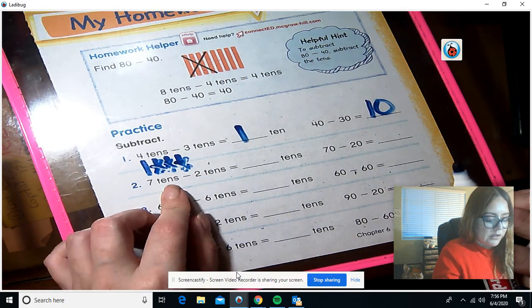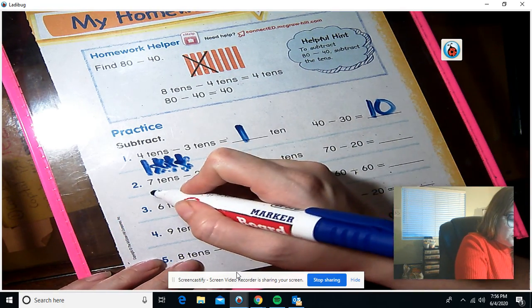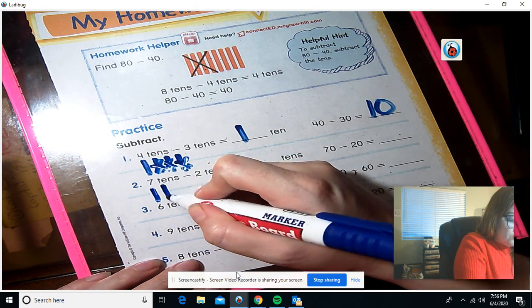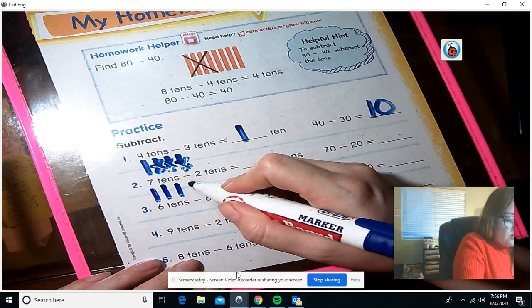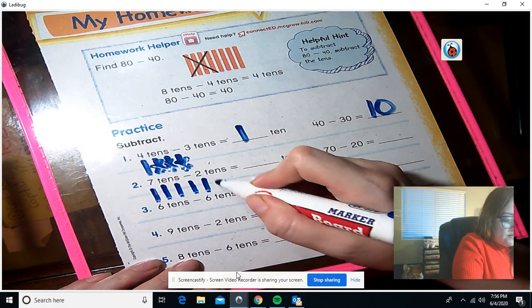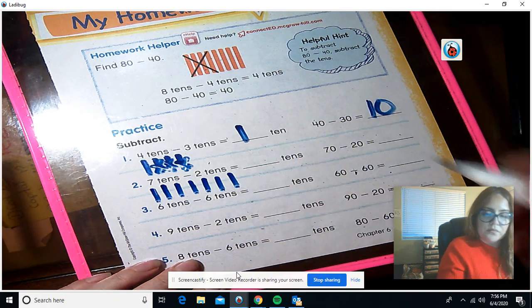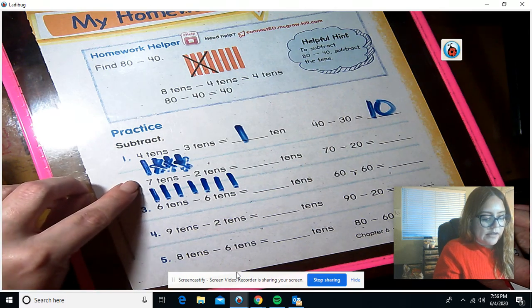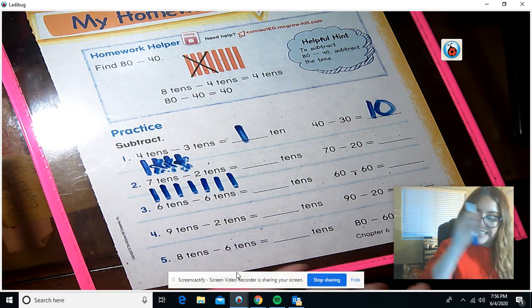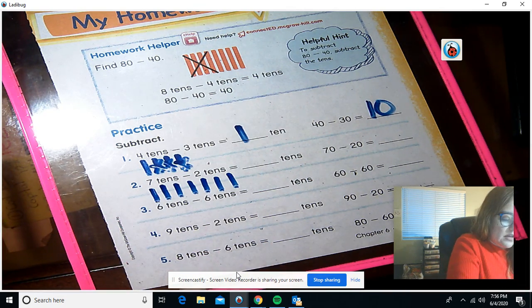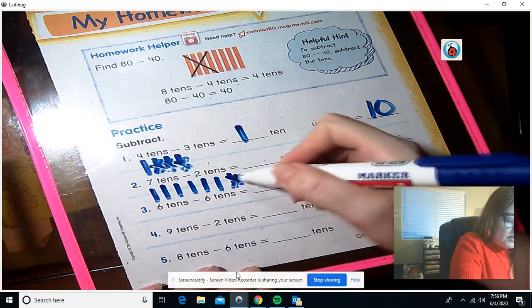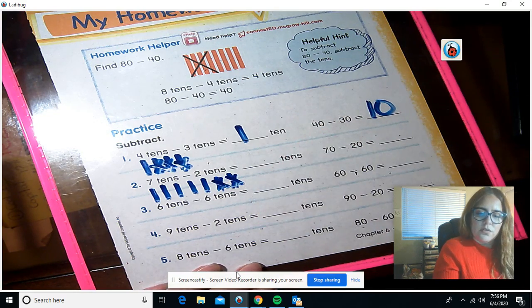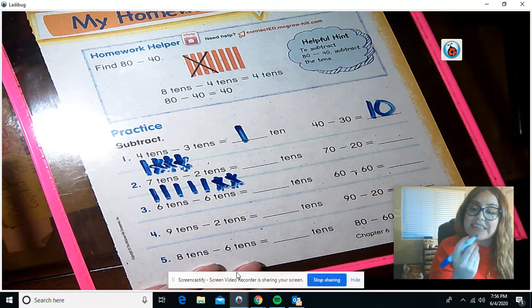7 tens minus 2 tens. So we start with 1, 2, 3, 4, 5, 6, 7. 7 tens minus 2 tens. So we're going to take away, minus 1, 2. How many are left? How many tens?